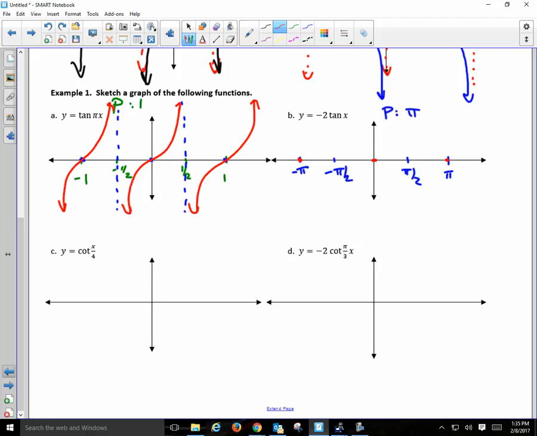Period is pi because I take pi and divide it by the number in front of x. Vertical asymptotes halfway in between. Is this graph going to start down and finish up, or start up and finish down? It's going to start up and finish down because of the negative.